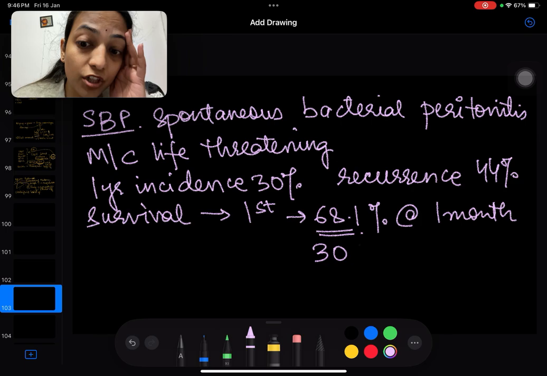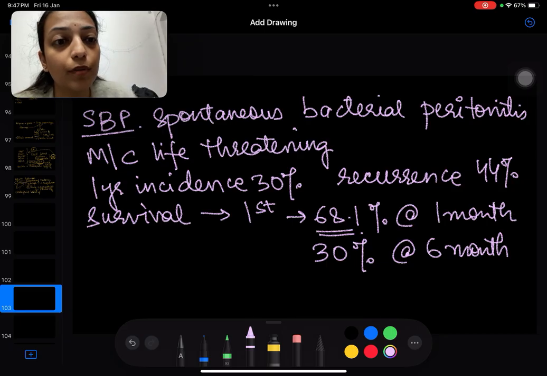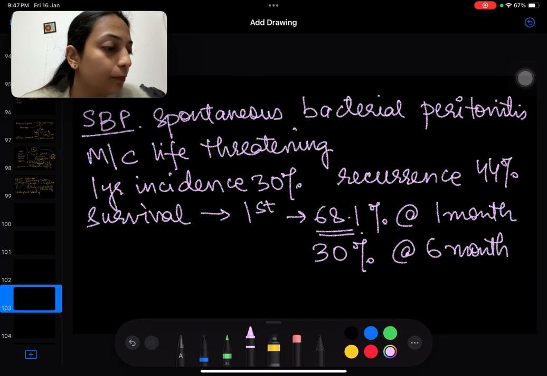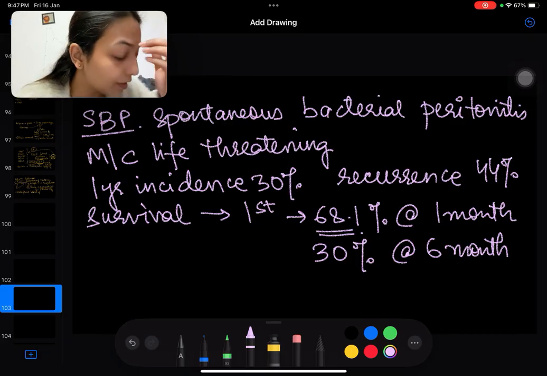And it is just 30% at 6 months. Only 30% of patients are going to survive after 6 months. So this is about the mortality, survival rate, etc.